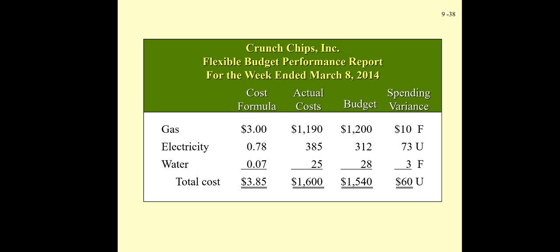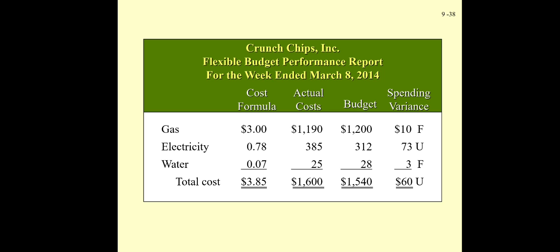So you can see here in this sample flexible budget performance report, the cost formula is $3 for gas, 78 cents for electricity, and 7 cents for water. So there is a calculation there.